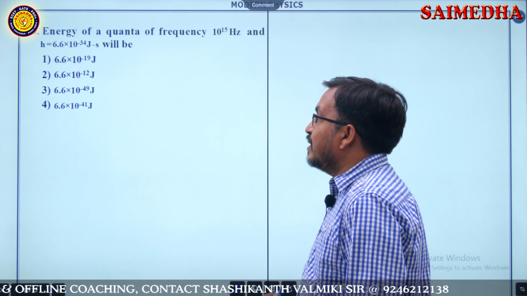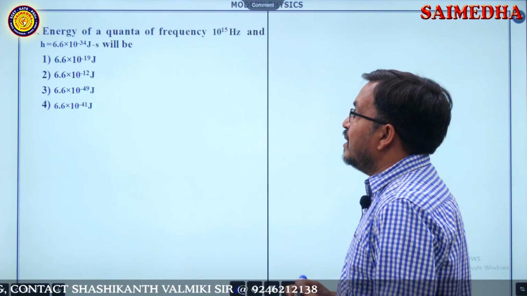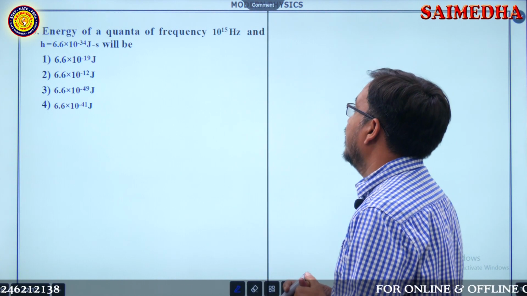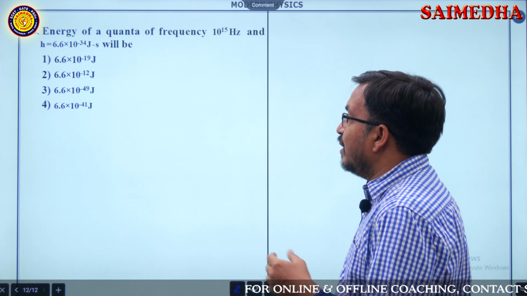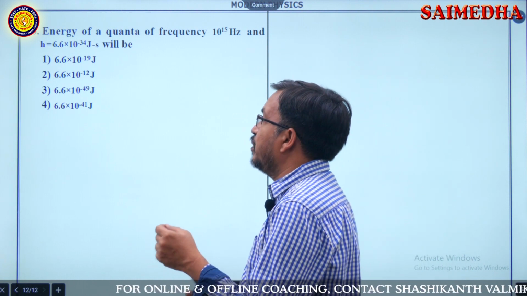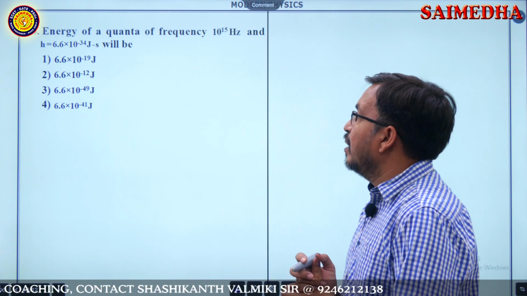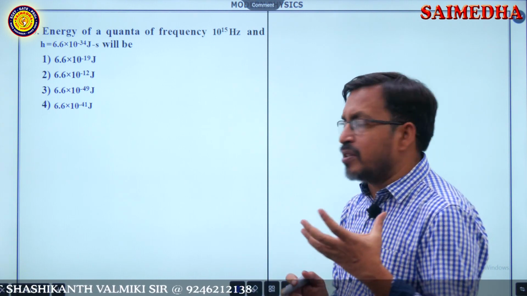Now the next question, this is the 10th question. The energy of a quantum of frequency 10 power 15 Hz, and Planck's constant is given as 6.6 into 10 power minus 34 joule second. It is asking what the energy is. Very simple question.